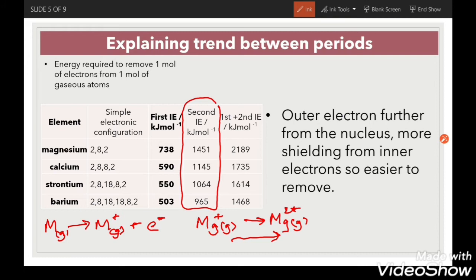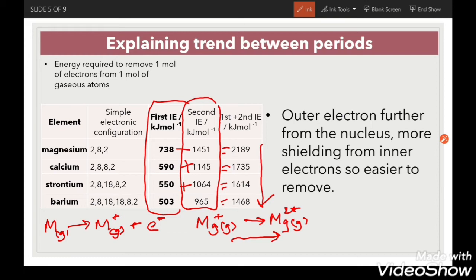When we're forming a 2+ ion, the energy required from the atoms themselves is the sum of the first ionization energy plus the second. I've just shown this so we can see that our sum of the first and second ionization energies is also decreasing down the group.